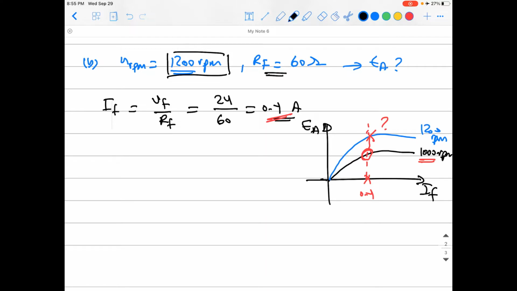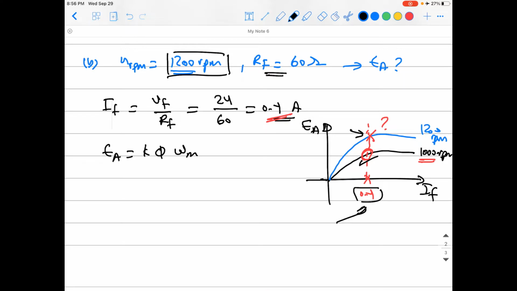Why? Simple. You know that EA equals K phi omega M. Looking at this here, it is the value of the current, 0.4. We can get this point at 1000 RPMs, but actually we need the value at this point at 1200 RPMs.